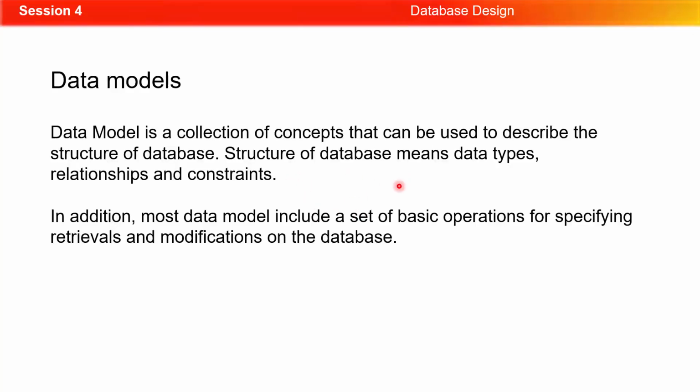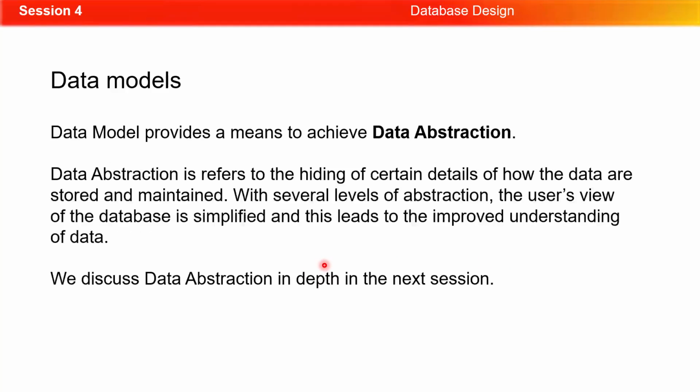A data model is a collection of the concepts in the data that can be used to describe the entity and build it into the structure of the database. The structure of the database means the data types, the relationships, and the constraints. In addition, most data models include a set of basic operations for specifying retrievals and modifications on the database.